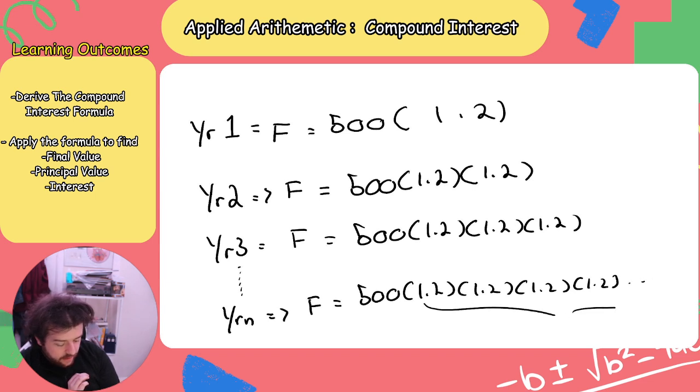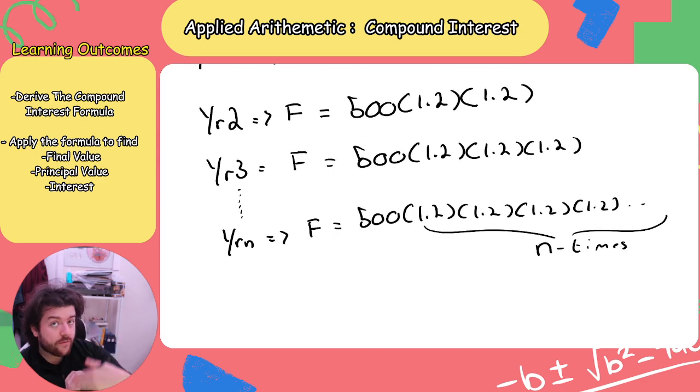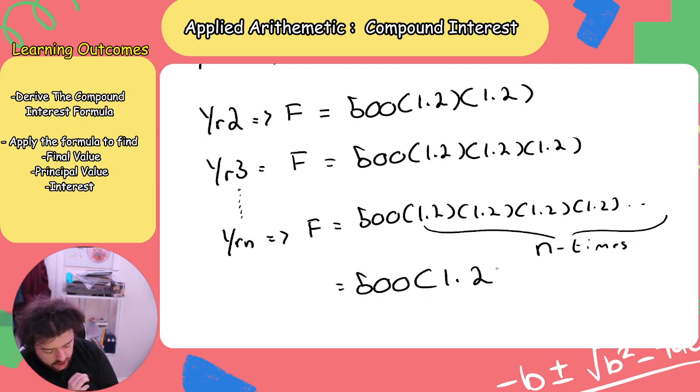This is going to happen N amount of times. So if I have a repeated multiplication of the same thing, in this case 1.2 times 1.2 times 1.2 times 1.2, I can say that's going to be 500 times 1.2 to the power of n, right? Where n is the number of years.